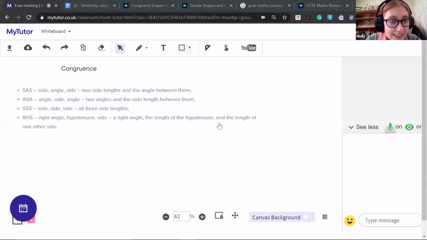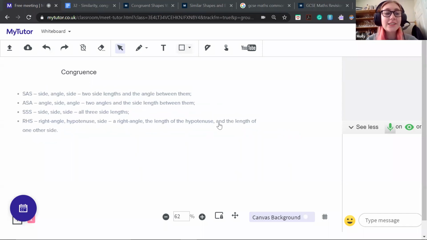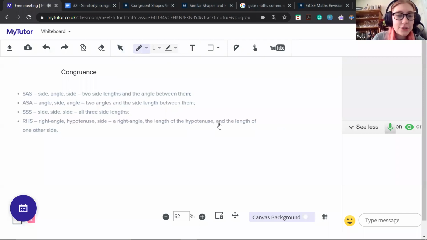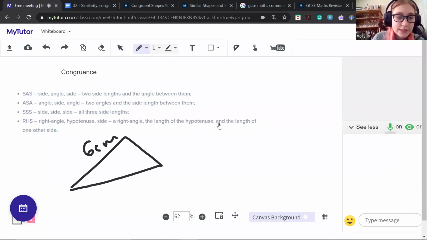So the first one is SAS, or side angle side. What this means is that we have 2 side lengths and the angle between them. So if we have 2 triangles like this, and we know that this is 6 centimeters, this is 8 centimeters, and this is 40 degrees.